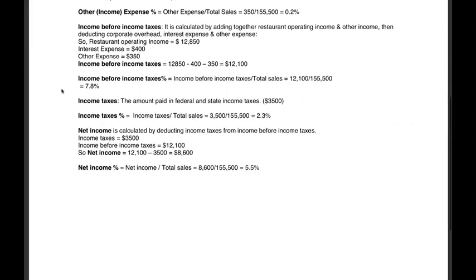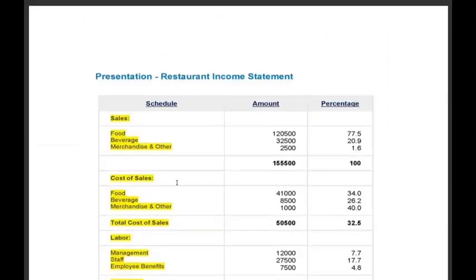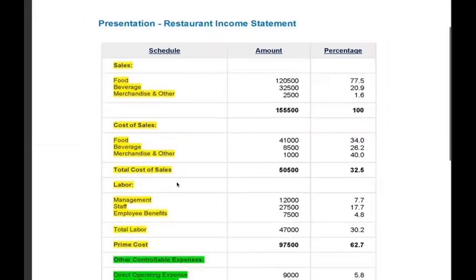Our income before income tax is 12,100, so net income is 12,100 minus 3,500, which gives us 8,600. Net income percentage is net income divided by total sales, which is 8,600 divided by 155,500, which gives us 5.5%. And that is the end of our restaurant income statement.